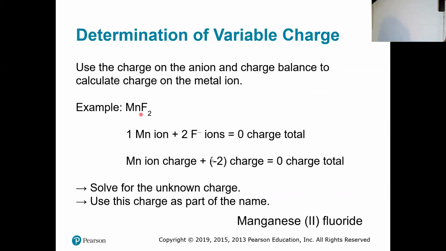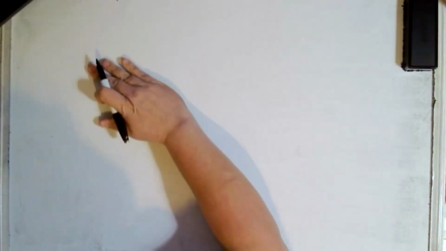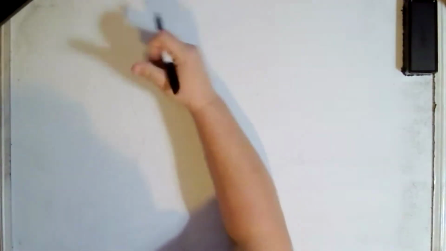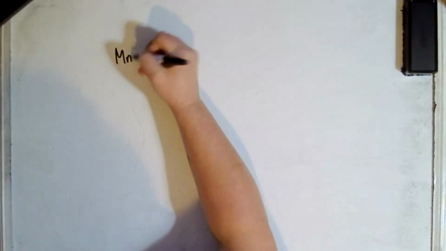All right, so let's do a few examples here. We'll do this one up on the board, but we have a few examples to look at after this. They're asking us here to name the MnF2 compound.